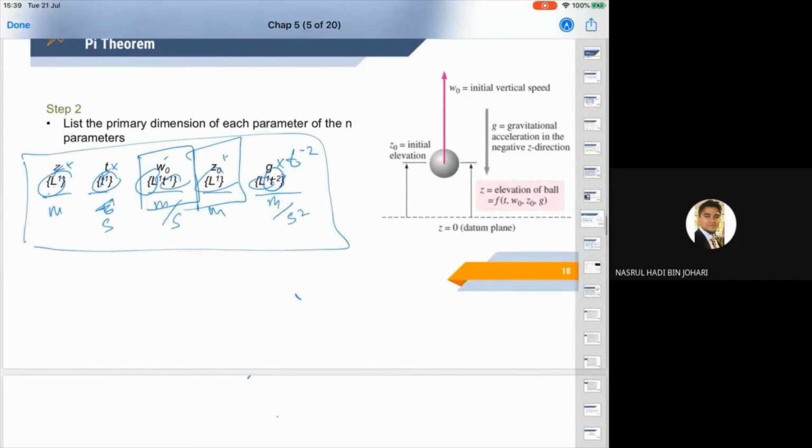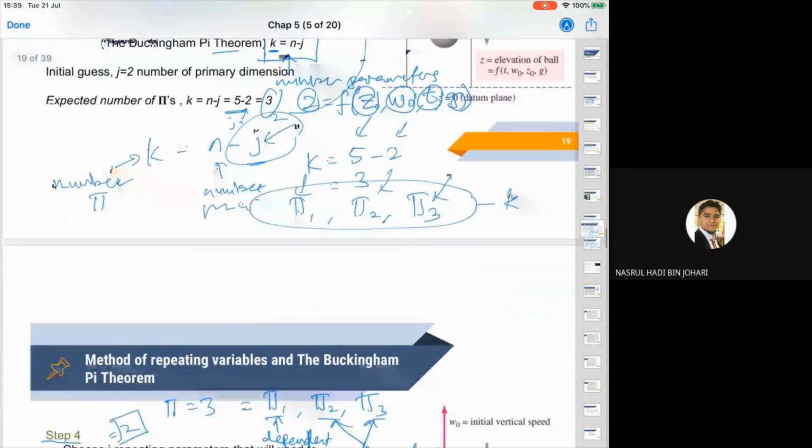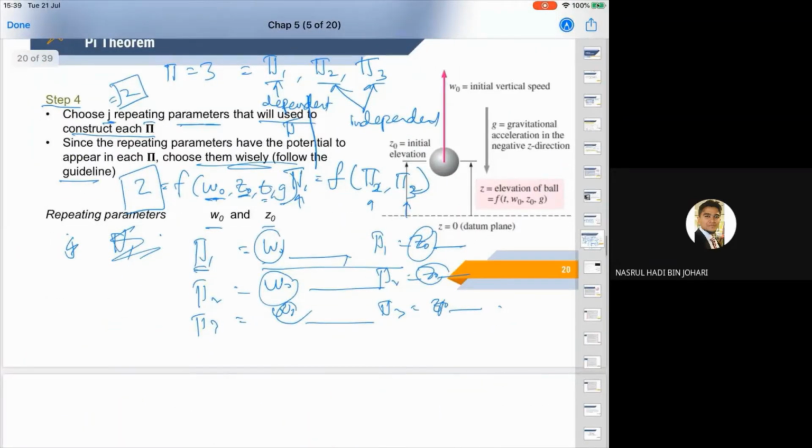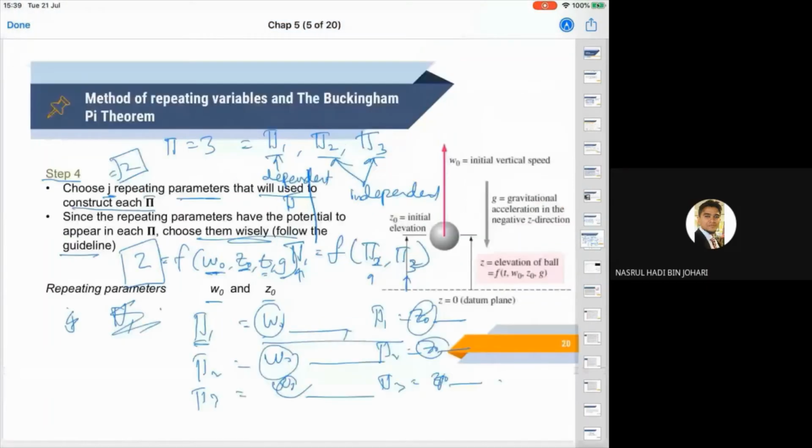So we go back to the step number 4 again. Okay, so our repeating variables is WO and ZO. Okay, then we proceed. Having WO and ZO, what for? WO and ZO will be used very significantly in the step number 5.